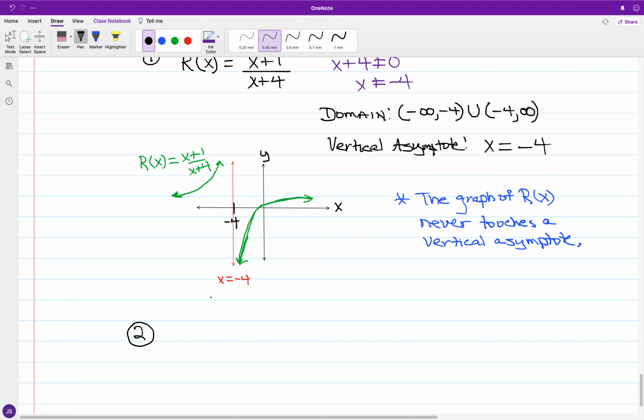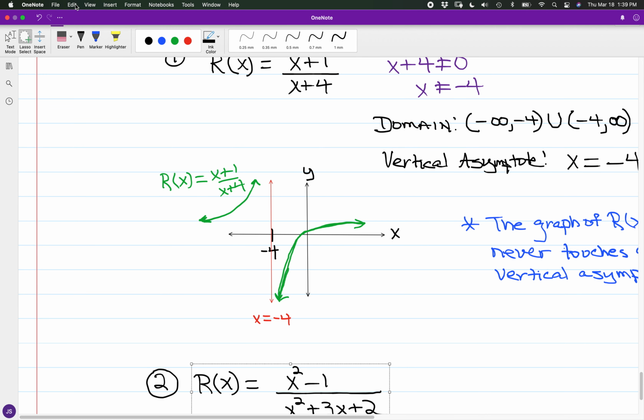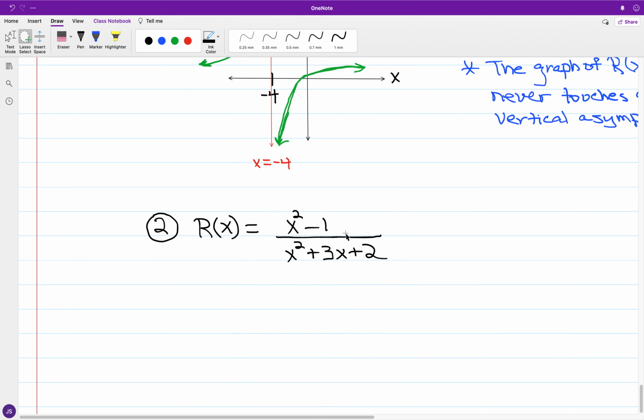For instance, if we have r of x is equal to x squared minus 1 all over x squared plus 3x plus 2. So we have r of x equal to x squared minus 1 over x squared plus 3x plus 2. Okay, just a minute.